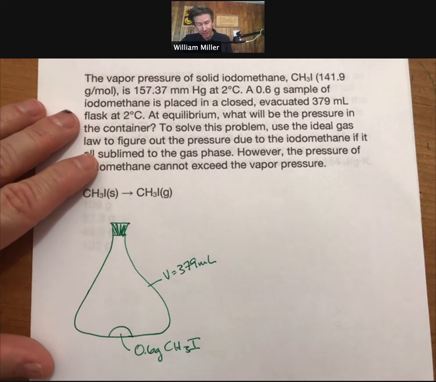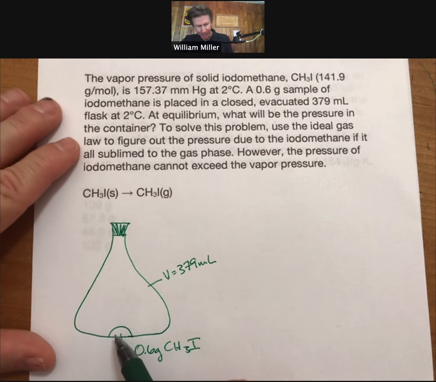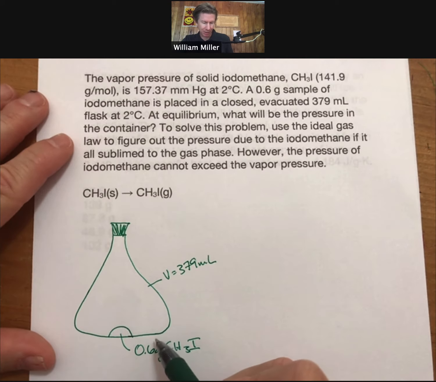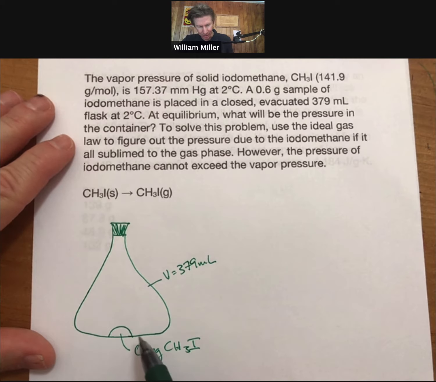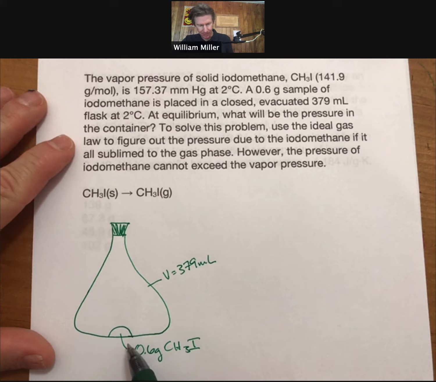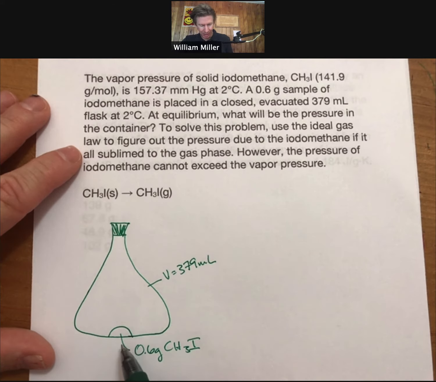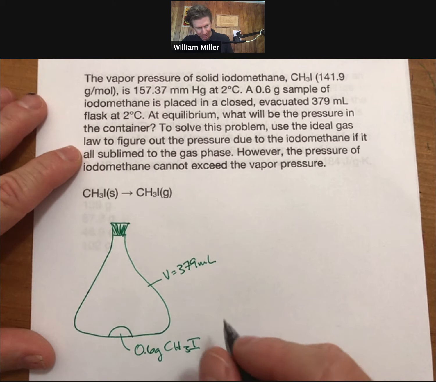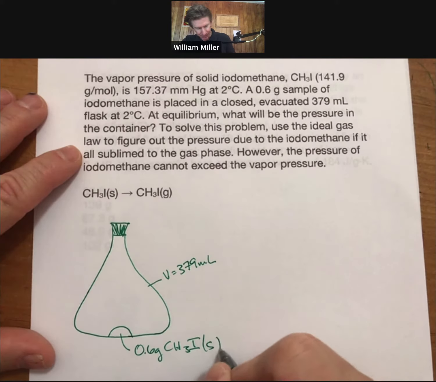And the question is, how much of the iodomethane vaporizes? How much of the iodomethane, which I guess it doesn't say this, must be a liquid? No, it's solid. Yeah, solid.